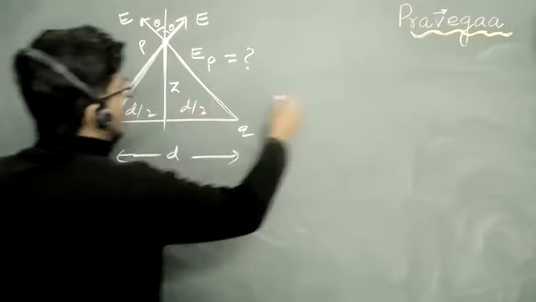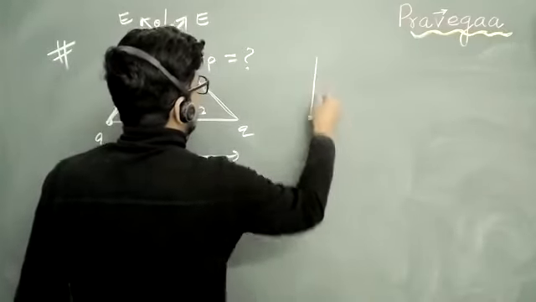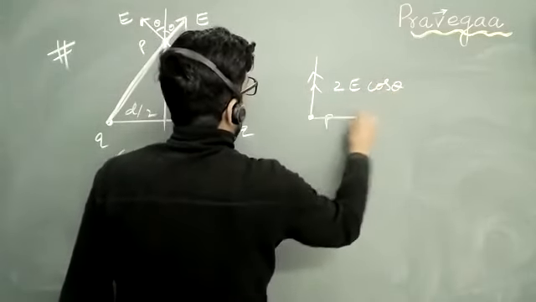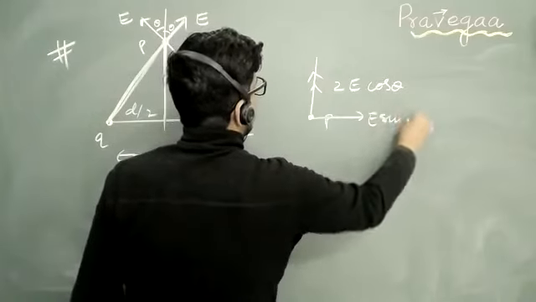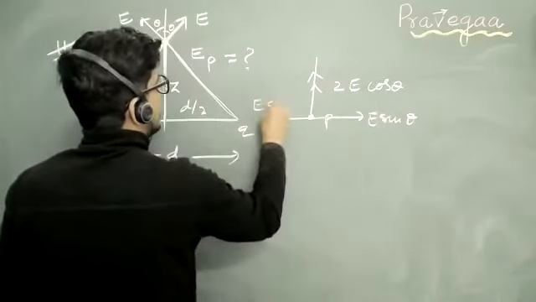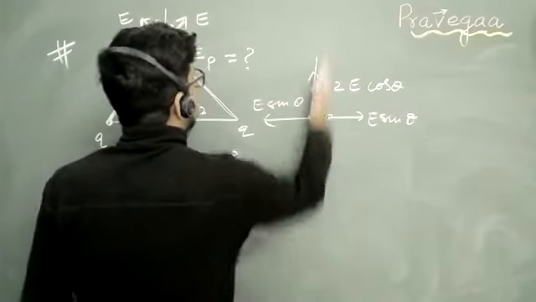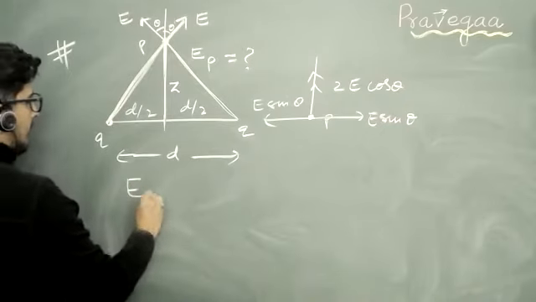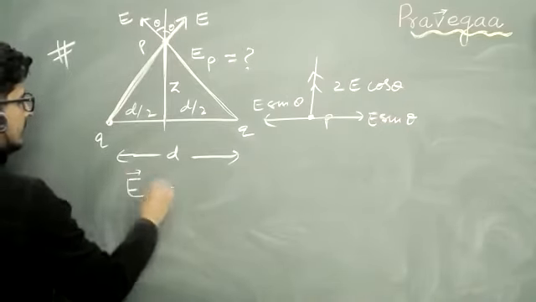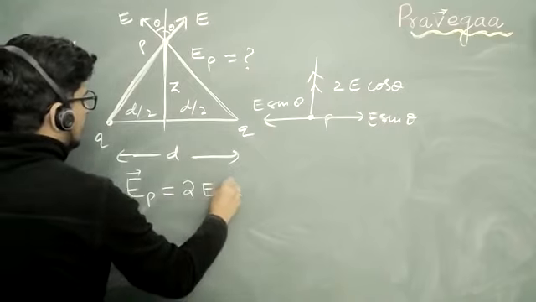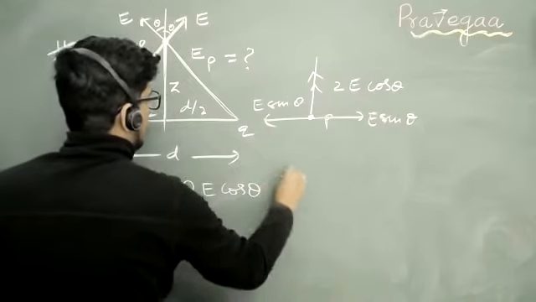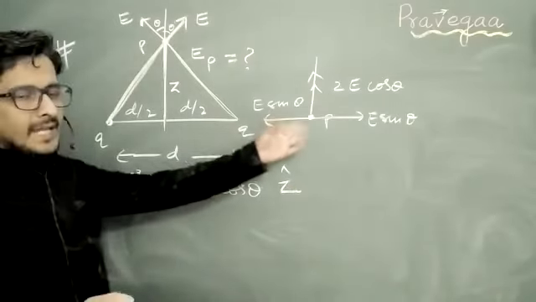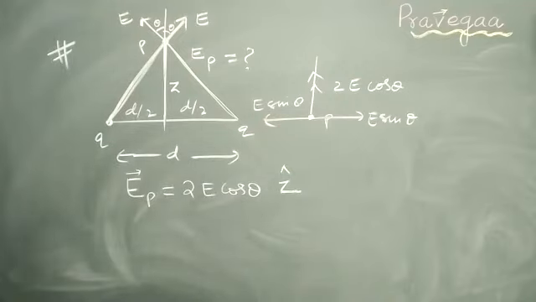So what I am seeing at point P is that 2E cos theta will go in that direction, and in this direction will have E sin theta and E sin theta. So this will cancel, and the net field will come in this direction. So net field at P will be 2E cos theta Z cap. Is this correct? Any doubt? And Puneet, this time sin is gone, cos is there. Yes, sir.